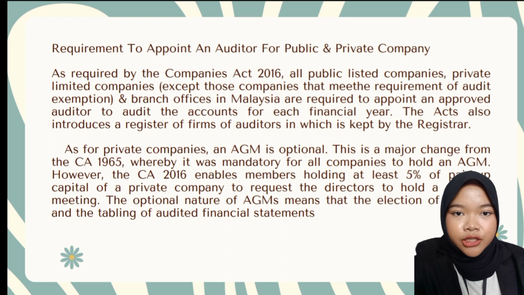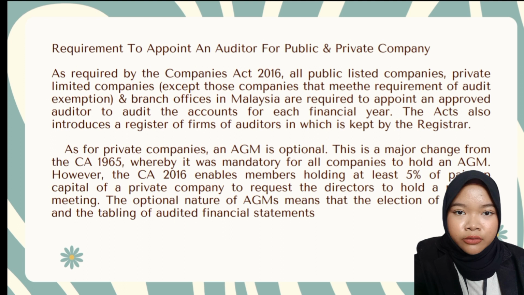Section 340 of the Companies Act 2016 states that every public company should hold an annual general meeting (AGM) in every calendar year, in addition to any other meeting held during the period, to transact the following business.